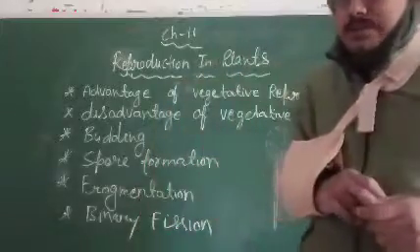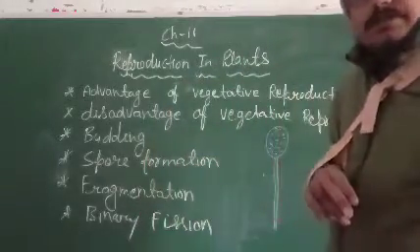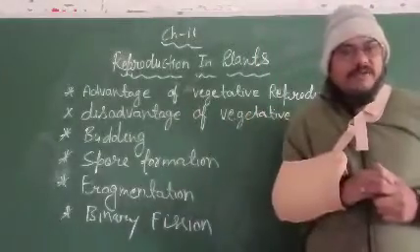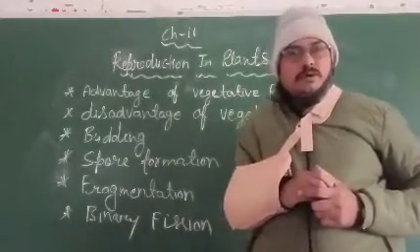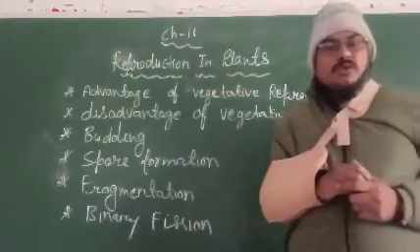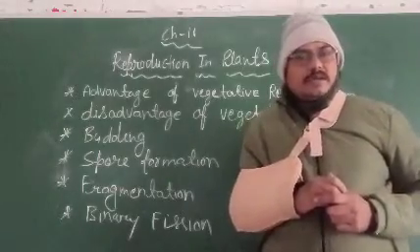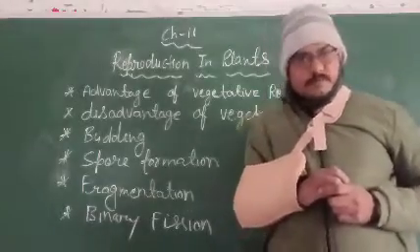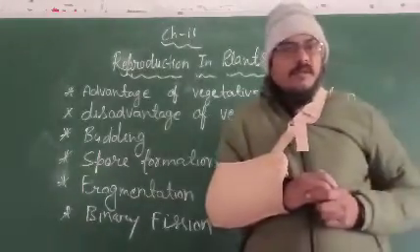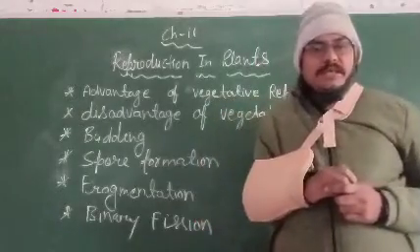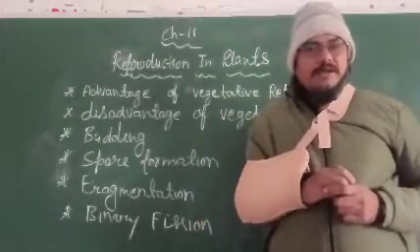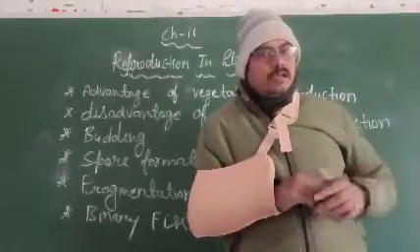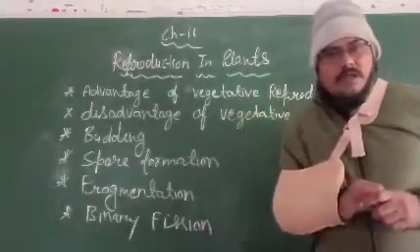Next, students, is fragmentation, a method of reproduction. You have seen a slimy green patch in the stagnant water of a pond, which is an algae. A special type of algae, Spirogyra, has a long filament in its body.